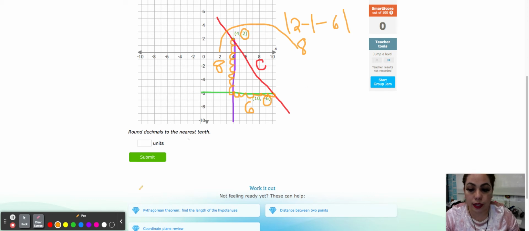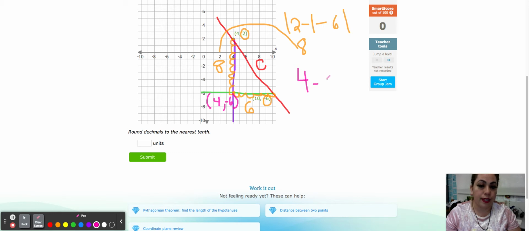And the one going this side, I'm going to use pink. We're going to use 4 and negative 6. And we're going to use the x for this horizontal line. And it's 4 minus... no, it's not 4.